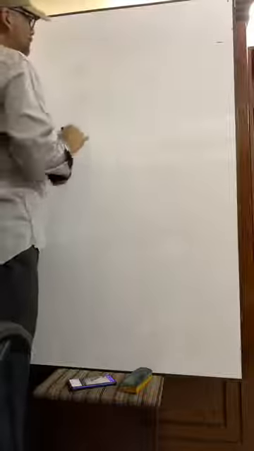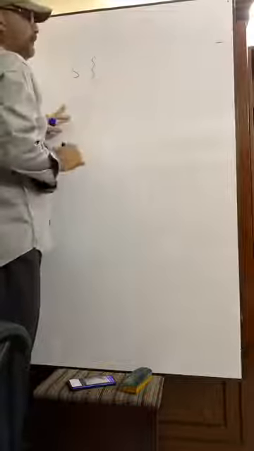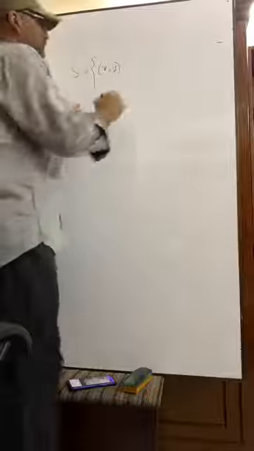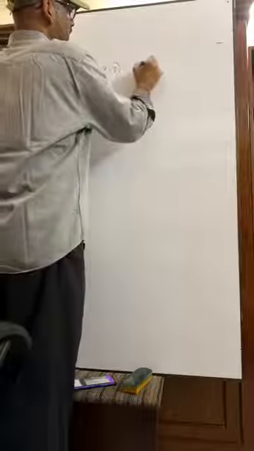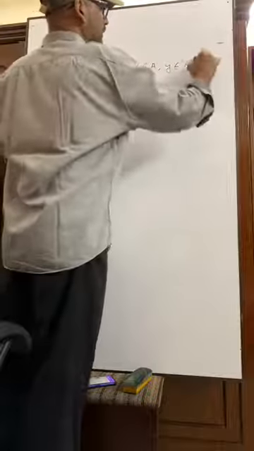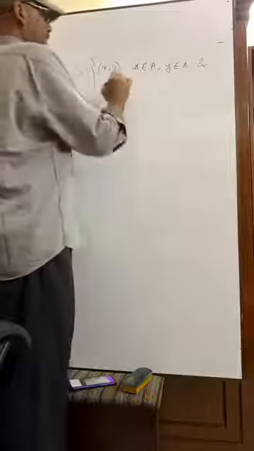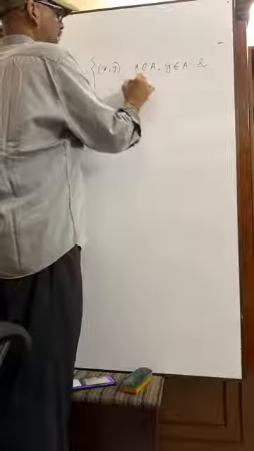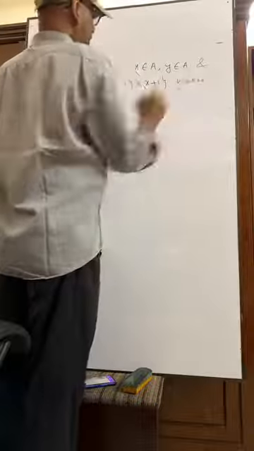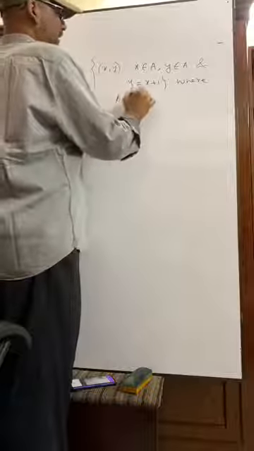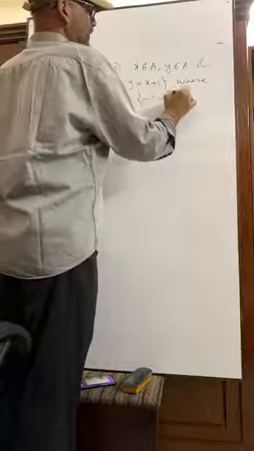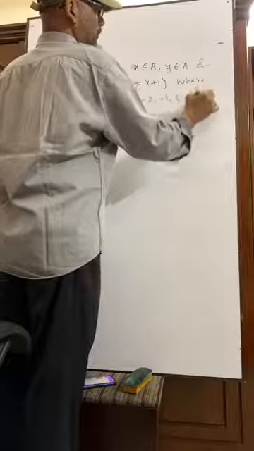S is equal to (x, y), x belongs to A, y belongs to A, and y equals x plus 1, where A is given as -2, -1, 0, 1, 2.